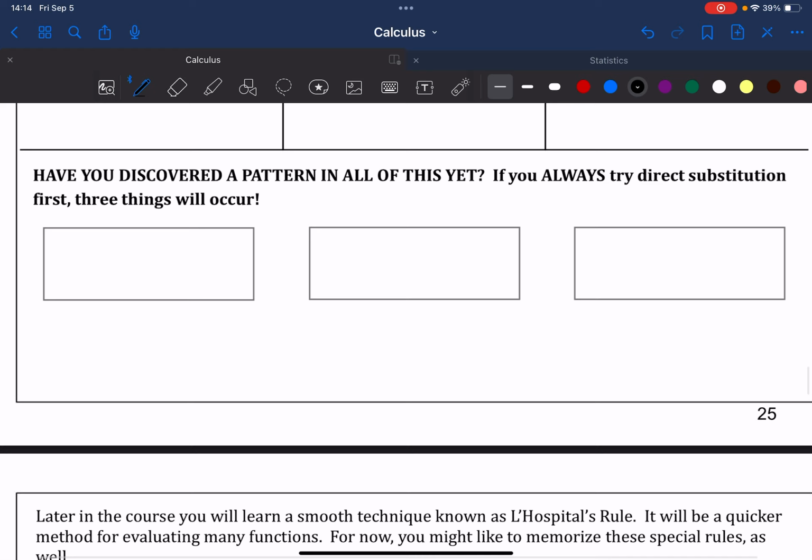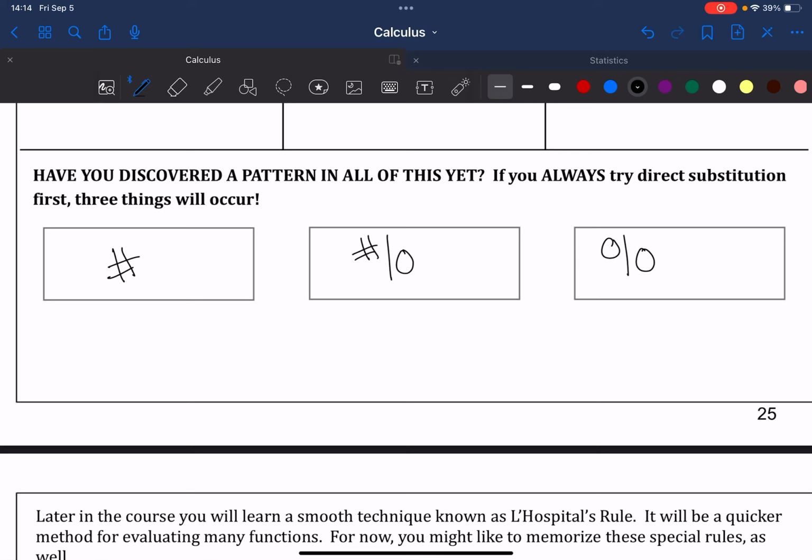So 3 things are ultimately happening here. We have a number value as a possible answer. We have a number being divided by 0, which is undefined, or 0 divided by 0, which is also undefined.